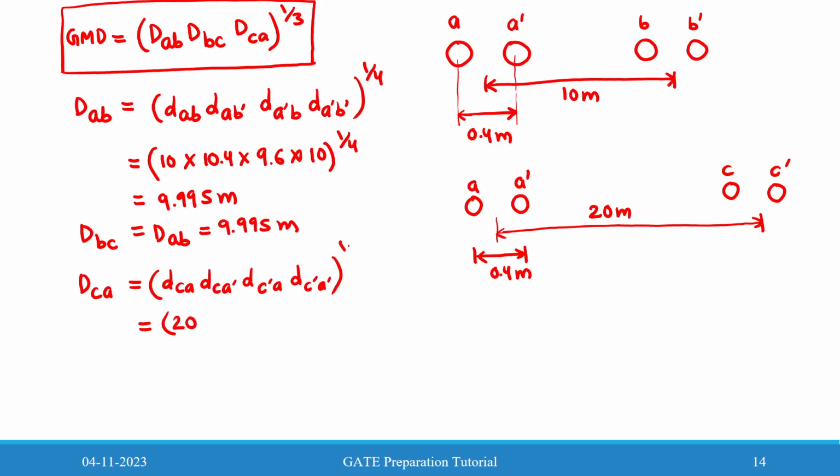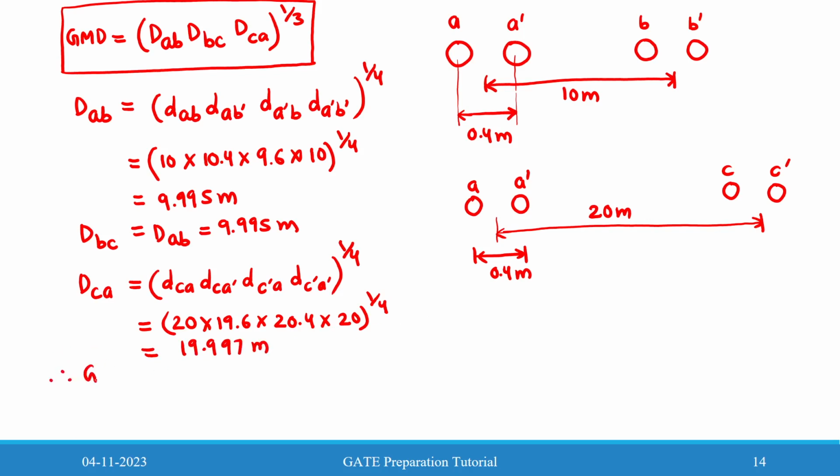Here we have to write 1 divided by 4. DCA dash is 20 minus 0.4, that will be 19.6, and DC dash A, the most far point, will be 20.4, and DC dash A dash will be again 20. So this will become 19.997 meter.